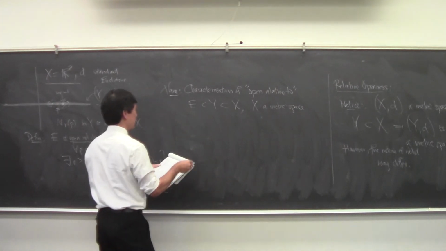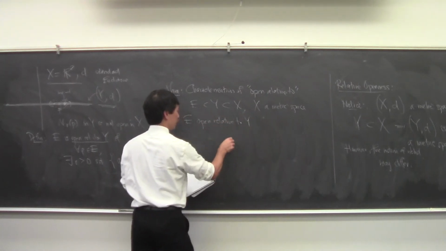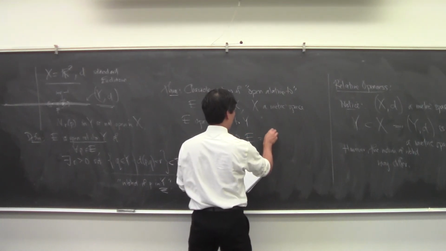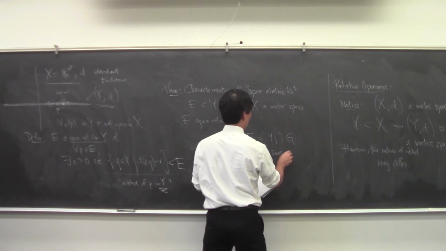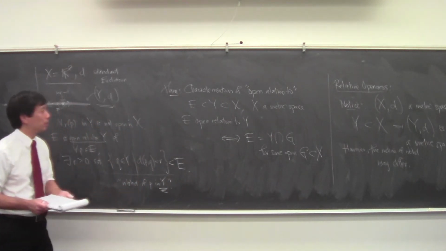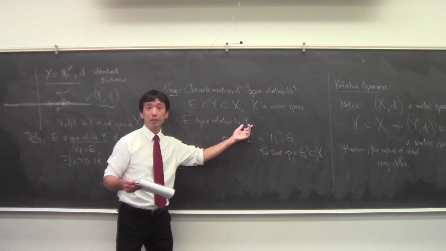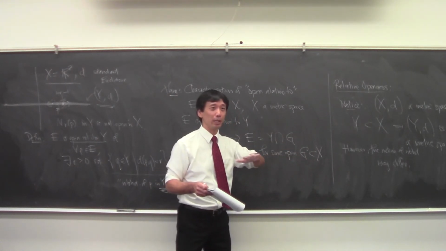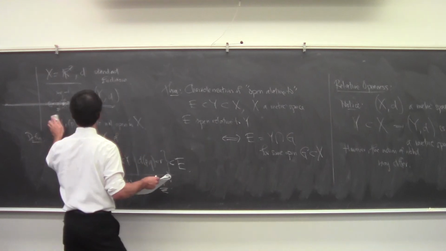The theorem says that E is open relative to Y if and only if E is the intersection of Y with some open set in X. So being open relative to Y means that you take some set open in X and intersect it down to the smaller metric space.